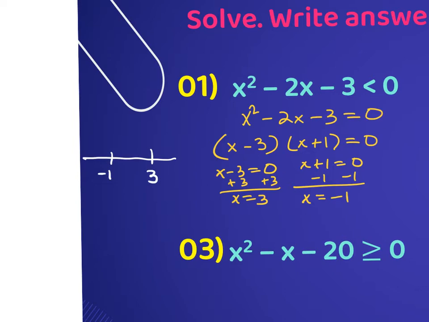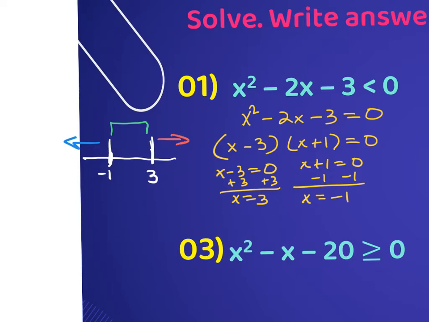So now when we're solving these, I've actually turned my graph into 3 areas. I've got all the numbers over here that are less than -1. All of the numbers in here are in between -1 and +3. And then this section over here is everything that's bigger than 3.